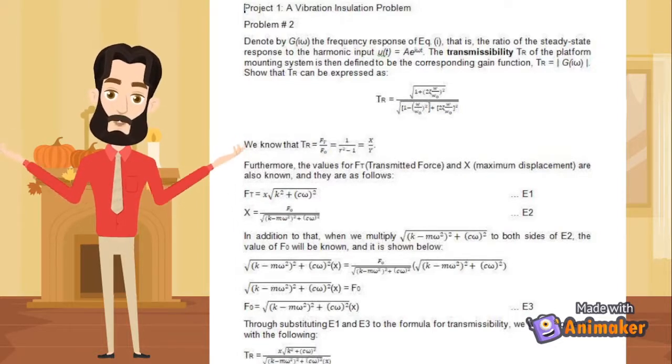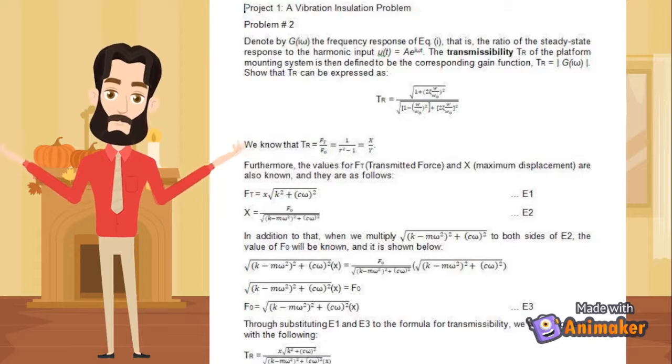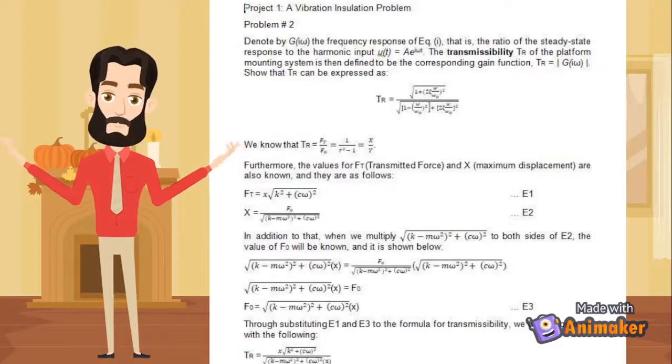This is through substituting E1 and E3 to the formula for transmissibility. Remember that the formula for transmissibility is equivalent to f sub t all over f naught, and f sub t is E1 and f naught is E3. From this, we would come up with the following.